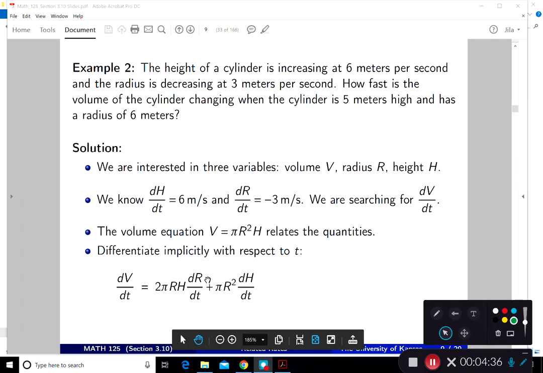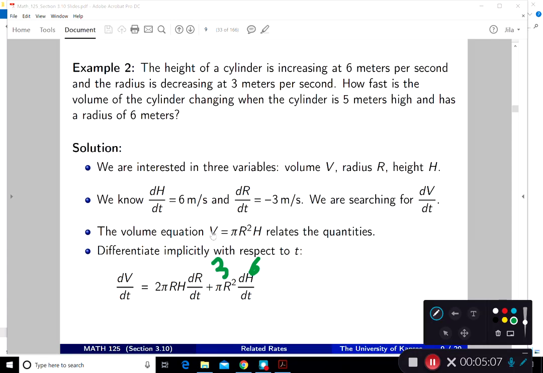Now it's a nicer way of writing, because typing is always neater and cleaner. This is the other way that we wrote it, and if you plug in all the values, over here the r squared is the radius of 6, that's 36.